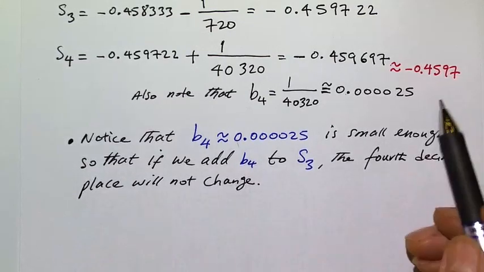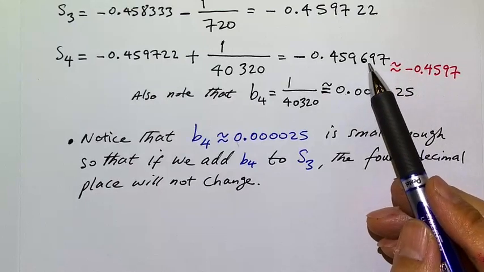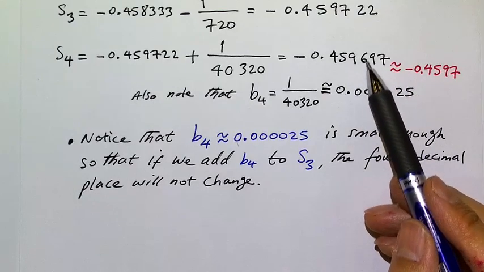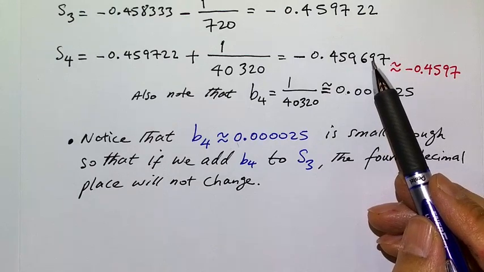The fourth decimal place will not change because of the rounding, right? Just so we can easily bump this up to 7, having a 9 after it.